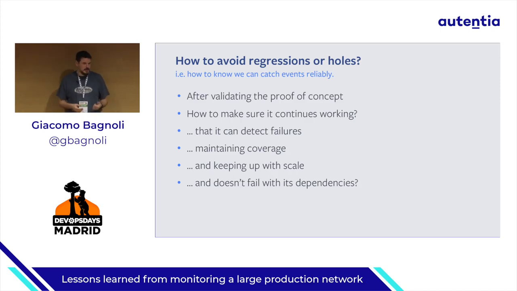How do I make sure it continues working when I start scaling it or putting it in production? And that it can still detect the failures that I saw during the proof of concept, keep up with the scale when I scale it up on the whole fleet, and not fall over when its dependency has a bad time? So how do we solve this problem, pretty much.